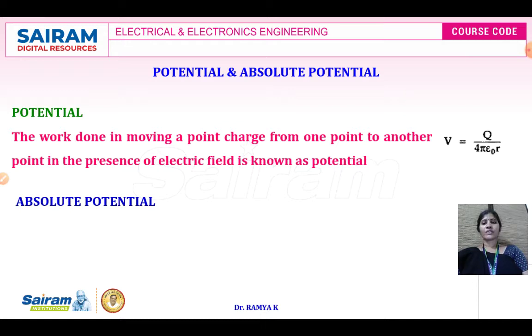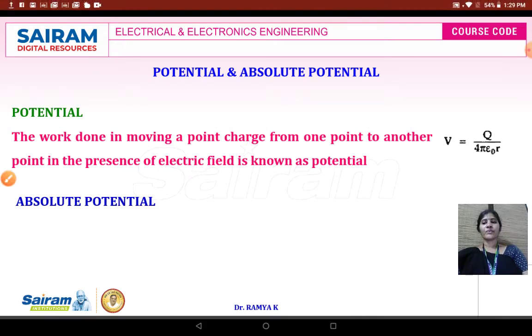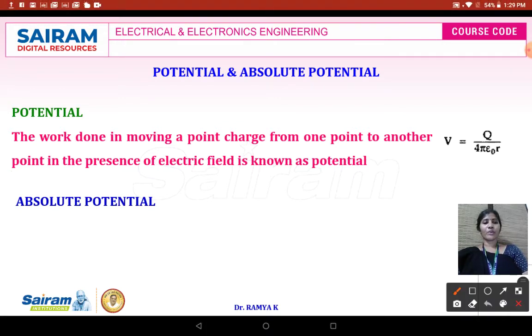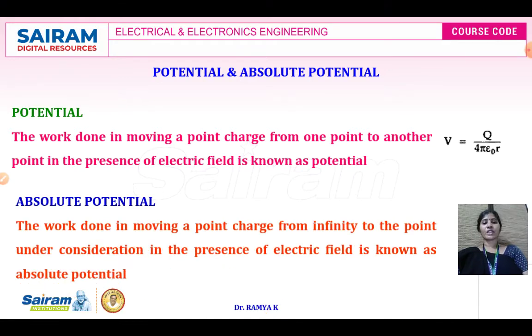Absolute potential definition. Here also we will be moving a charge from one point to another point in the presence of an electric field, but one point will be at infinity. So from infinity to the point under consideration. The work done in moving a point charge by applying an external source from infinity to the point under consideration in the presence of an electric field is known as absolute potential.